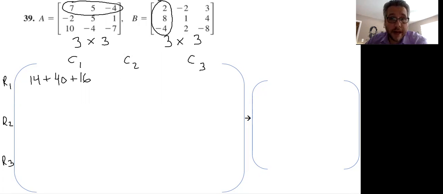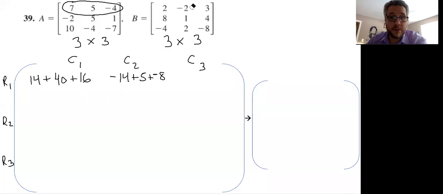Now we have to move on to row 1 times column 2. So I'm going to highlight column 2, and now we will multiply. 7 times -2 is -14, plus 5 times 1 is 5, plus -4 times 2 is -8.